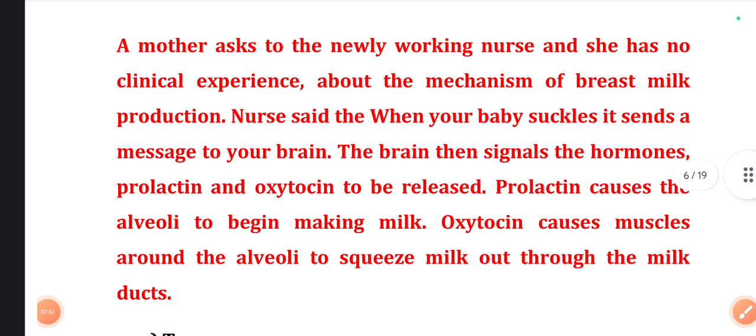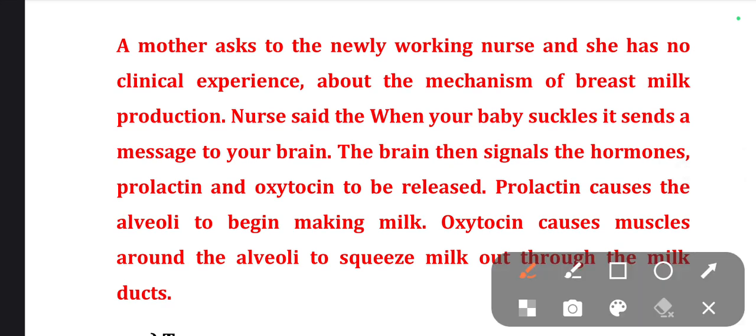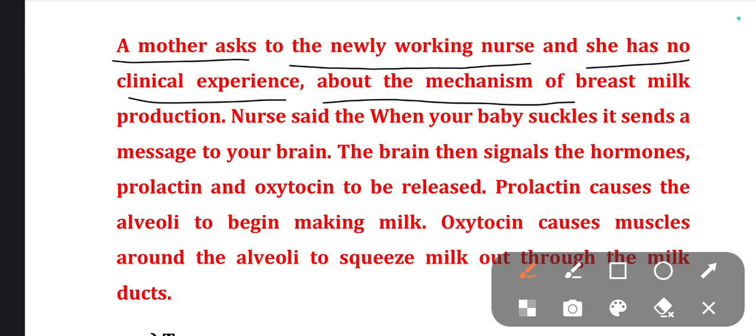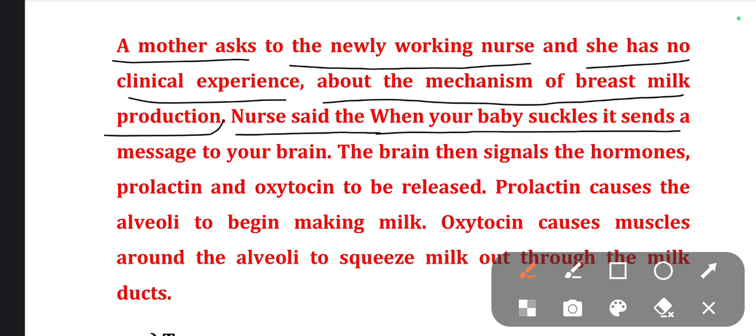The next question is a really big question. A mother asked a newly working staff nurse, who doesn't have any clinical experience, about the mechanism of breast milk production. The nurse said, when your baby suckles, it sends a message to your brain.